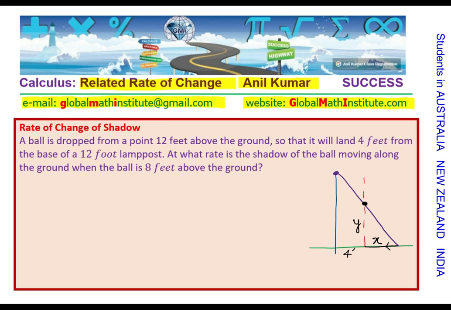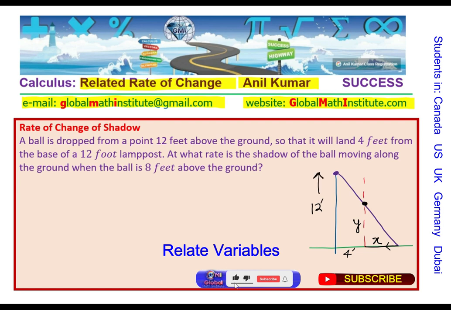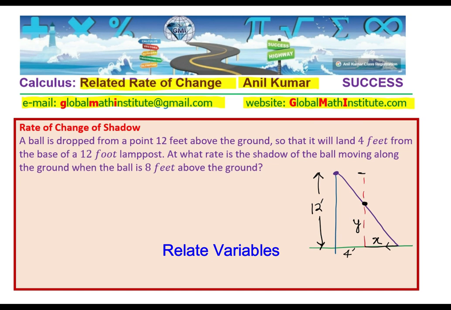Perfect. We are also given that this lamppost is 12 feet high. And the ball is also dropped from the same height, correct? So how do we relate x with the height y? That is what you need to figure out. So in physics we have learned that the height can be written as initial height 12, right, in this case.